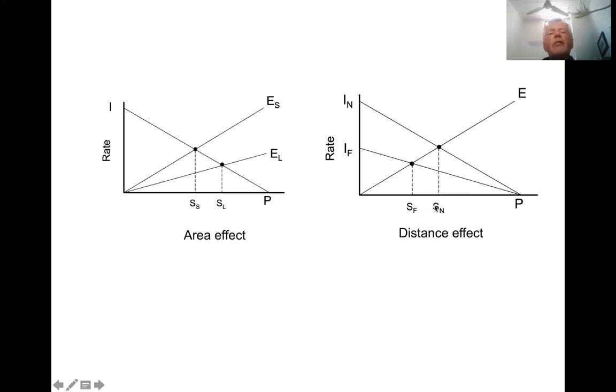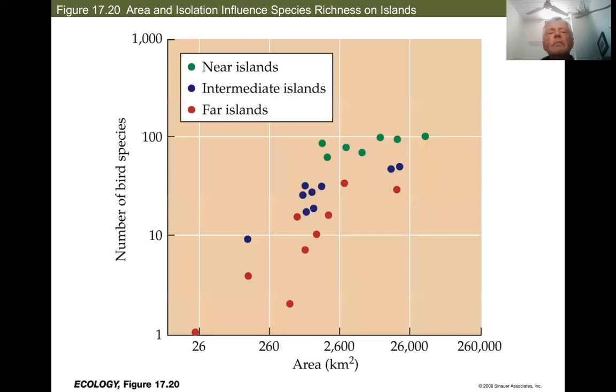So this is basically the logic of the theory of island biogeography, and what a lot of biogeographers did was to try to parameterize these models and look at data in nature. So here is another figure from the old text that I used to use on the number of bird species on islands in, I believe, all across Indonesia. And this is broken up by island area, from the teeniest little islands.